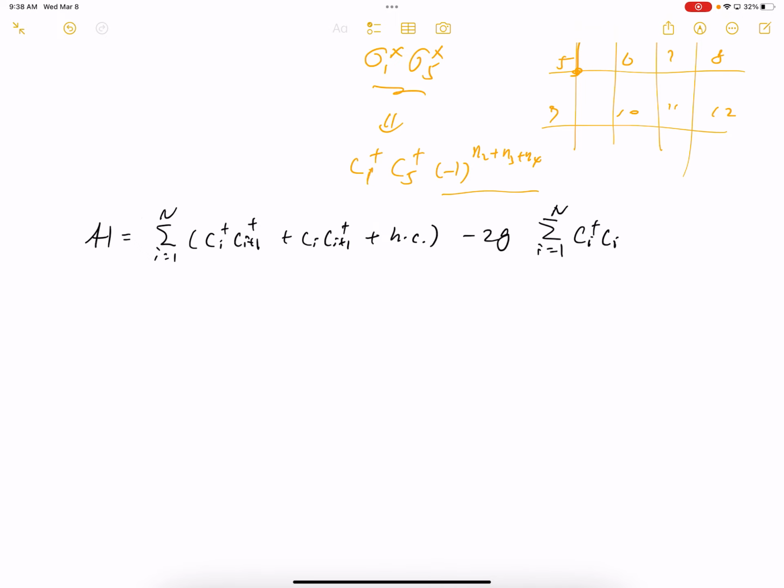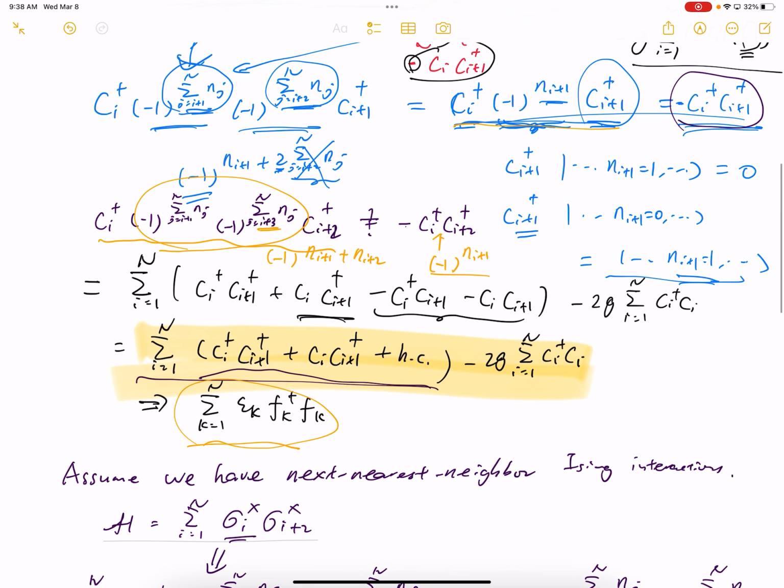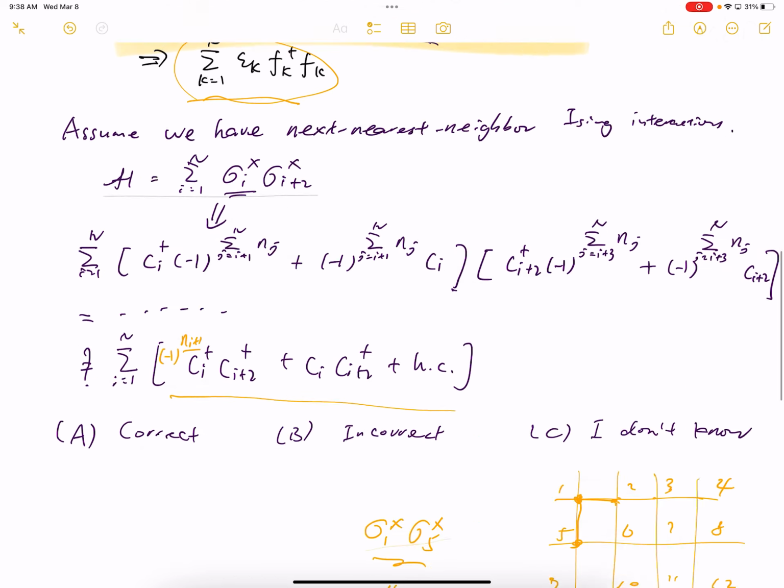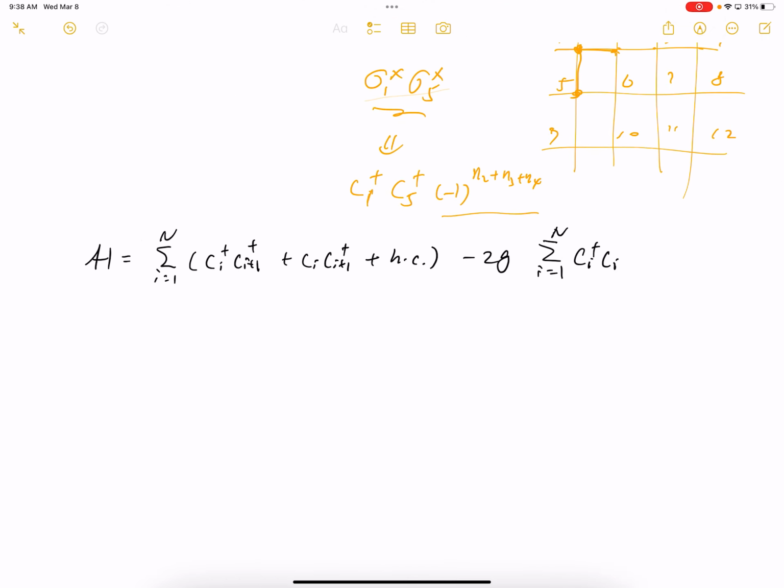This is actually the reason why, in the lecture notes, I write n minus 1 here. It's actually not a typo. So this technically is only true for n minus 1. The last term has to be treated separately. And the reason is simply because this boundary term looks like a C1 dagger and a C_n dagger, right?